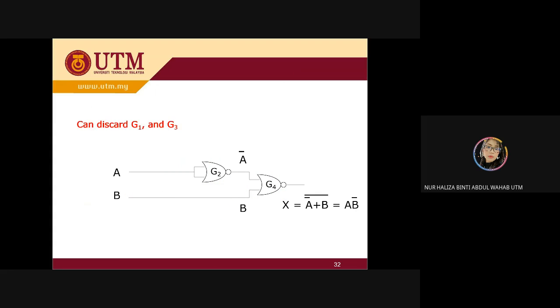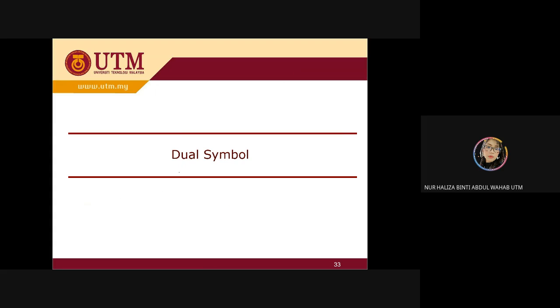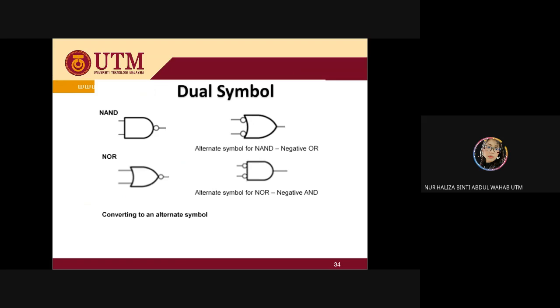Okay. Next is on dual symbol. In terms of dual symbol, we're going to see that the NAND gate and NOR gate can also be represented using the negative OR. How does negative OR look like? You have an OR there, your normal gate OR, but you put the bubble here. What is a bubble?